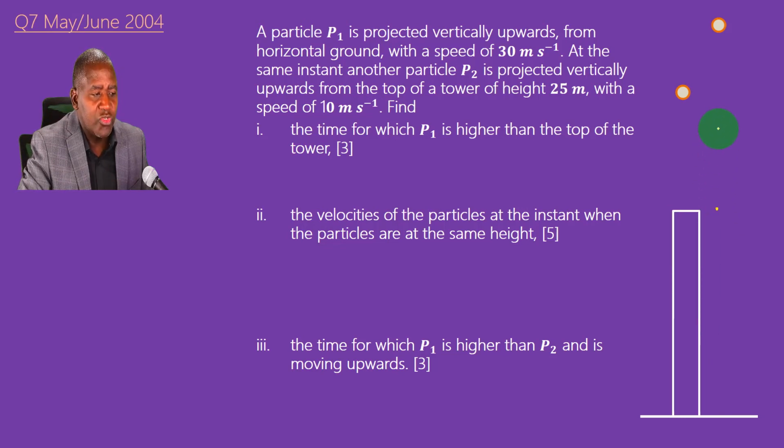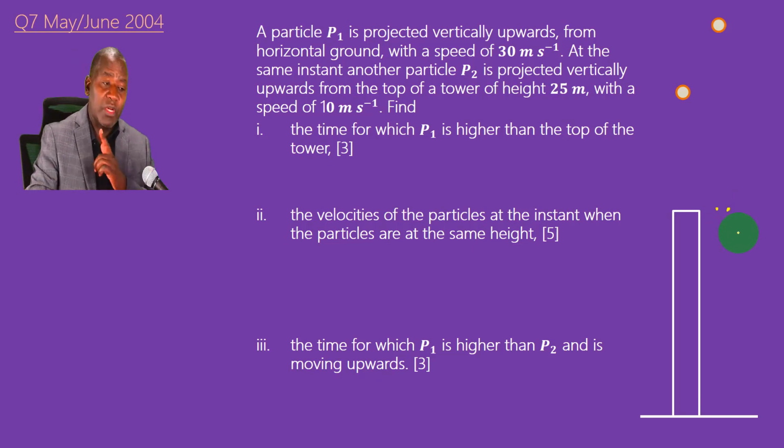And then it continues to move, reaches maximum height, and then falls back here. There are those two times. T1, which is up to that point, and then T2, which starts from here, moves all the way to maximum and comes back here. And then the difference between the two is what gives us the time that that object is above the tower.